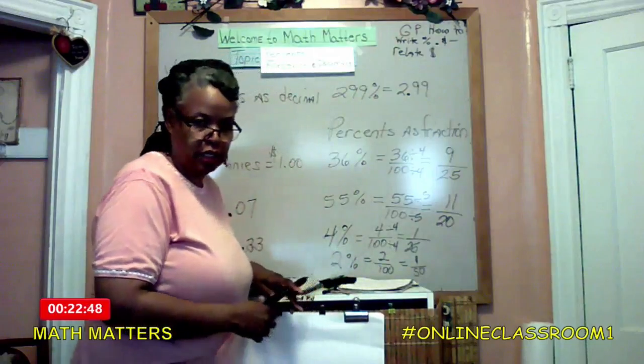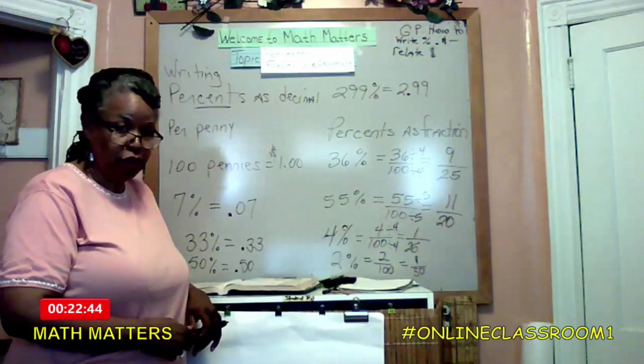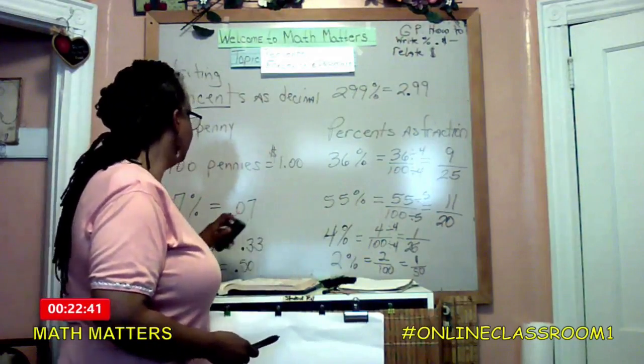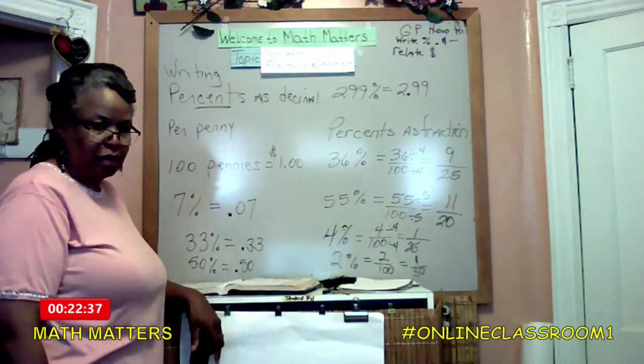So 2% is 1 out of 50, or 1 over 50, written as a fraction. Oh, this is so beautiful. You can almost take a picture of it.